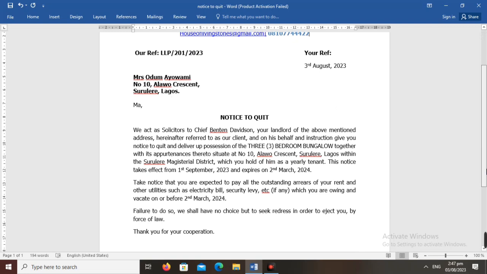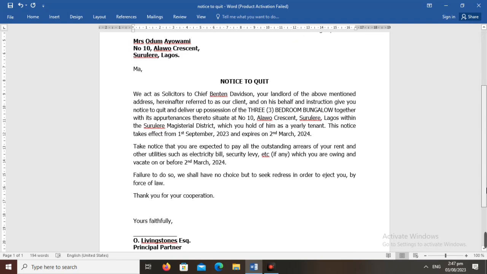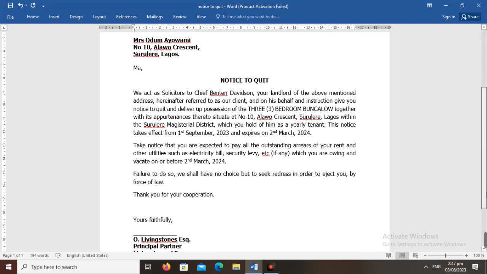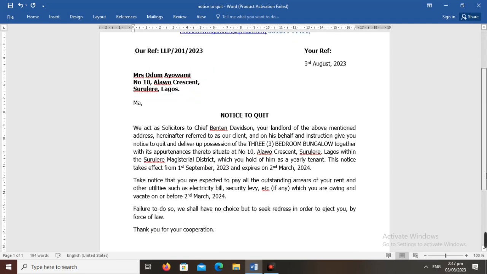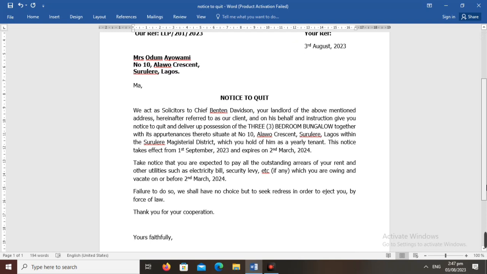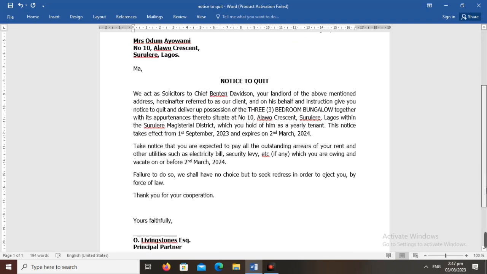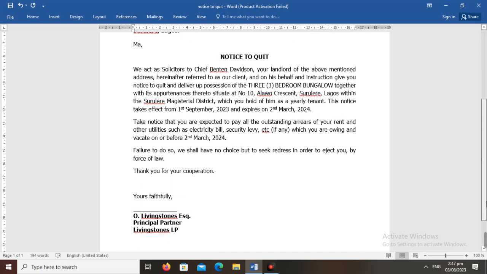In the next paragraph, we tell the tenants what we are going to do if they do not comply with this notice. Failure to do so, we shall have no choice but to seek redress in order to eject you by force of law. You could also say that you'll be applying to court, if they fail to do so. But force of law actually suffices. In the next paragraph, we say, thank you for your cooperation, which is just a routine closing.